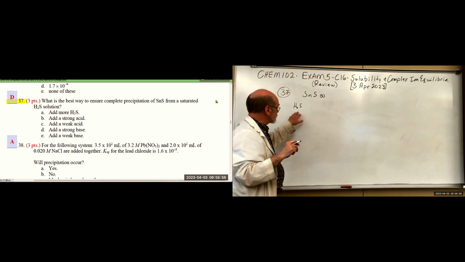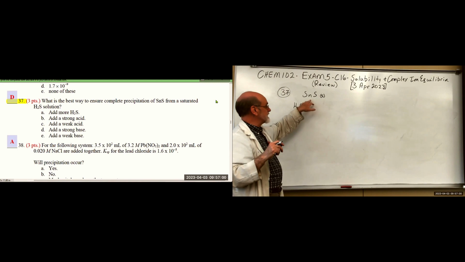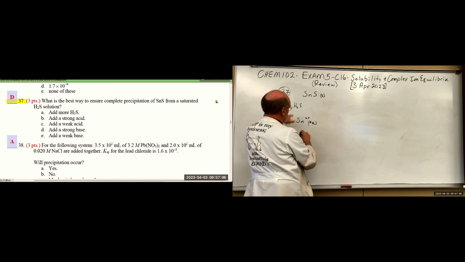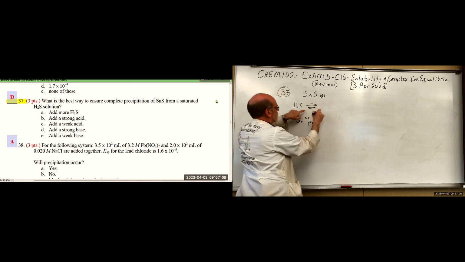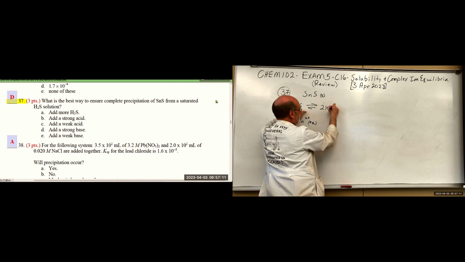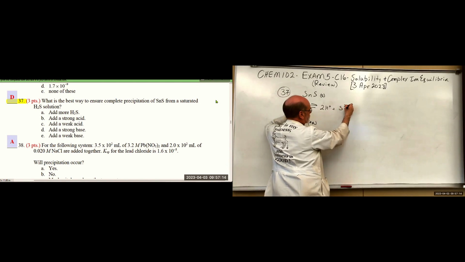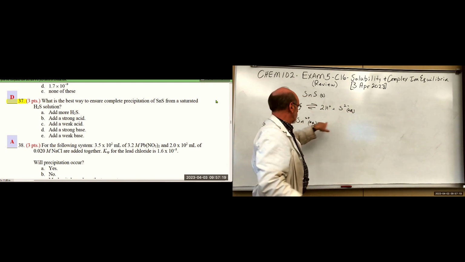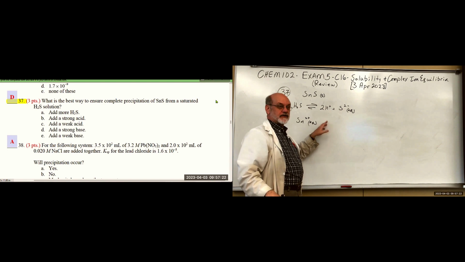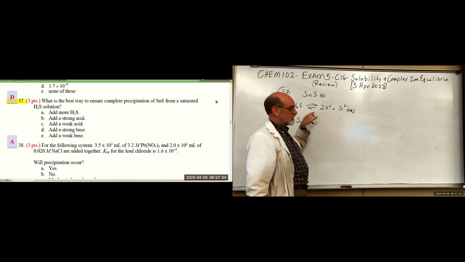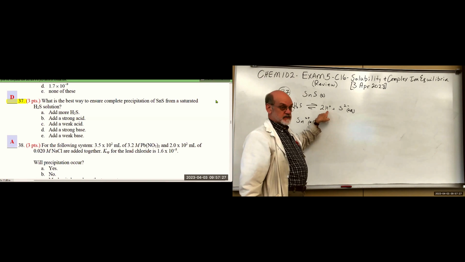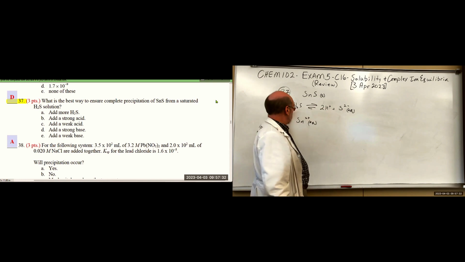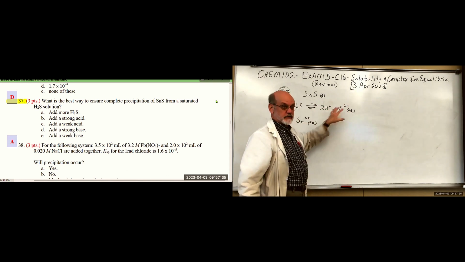If this is all you've got in solution, along with the Sn2+ in aqueous solution, what you want to do is maximize that concentration to react with this one. So how do you do that? To get most of this into solution, you remove as many of these as you can. Right? If you suck those up with a strong base, then you're going to drive it over here and make lots of this in solution.